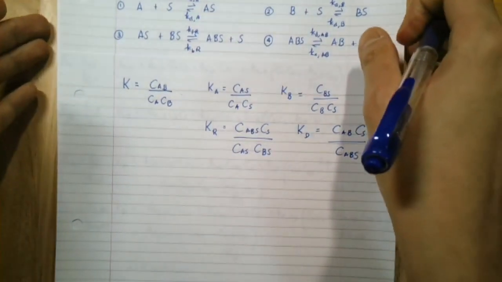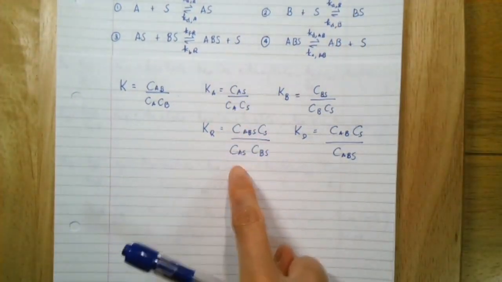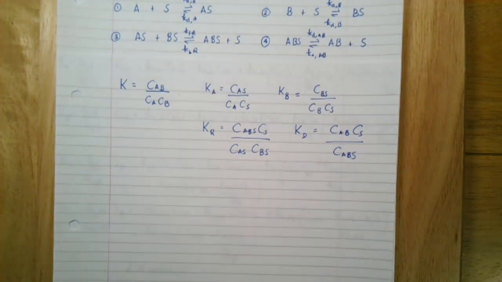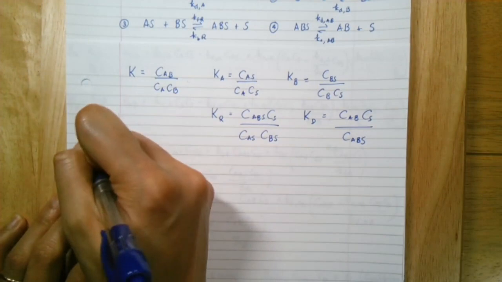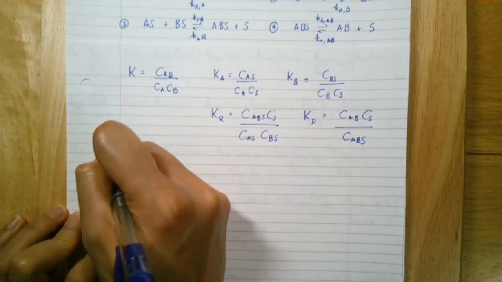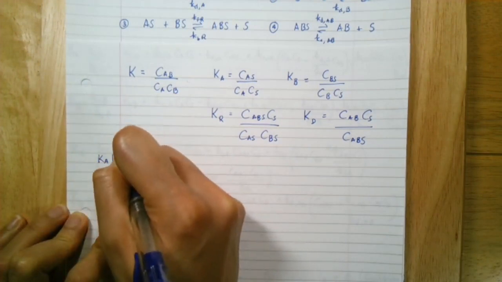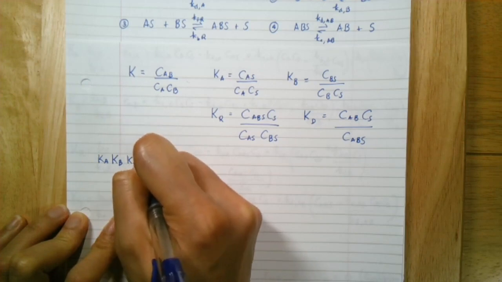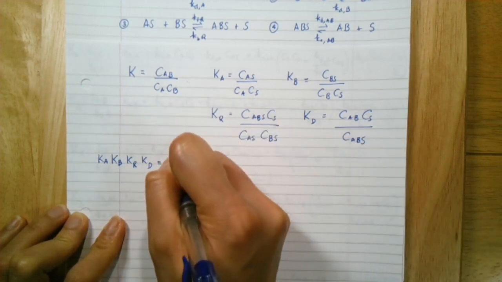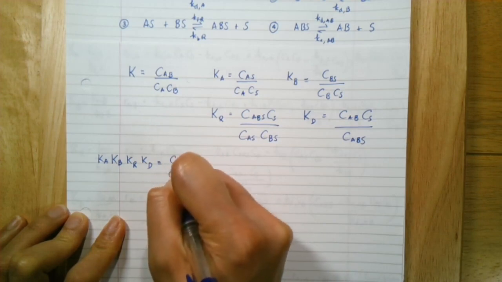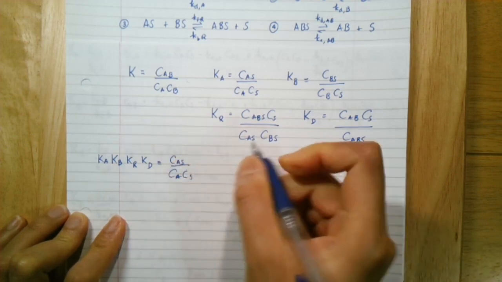So now, let's multiply the equilibrium constants for the individual steps. So we'll have Ka times Kb times Kr times Kd. Ka is CAS over Ca times Cs.